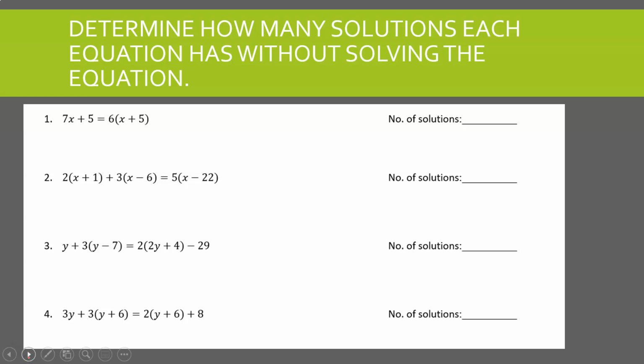Okay, the first section was determine how many solutions each equation has without solving the equation. So here's the patterns that you're looking for. The same coefficients and different constants is no solution.